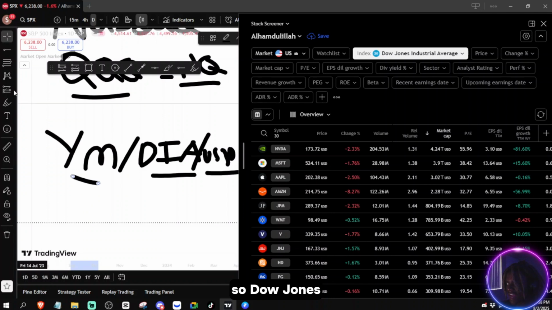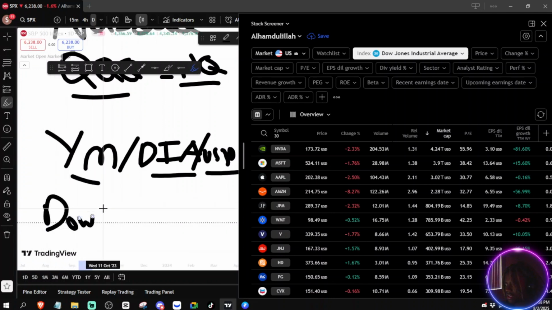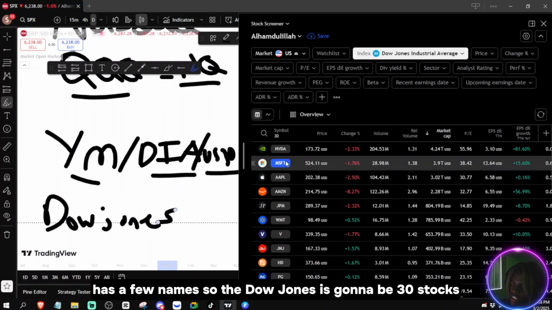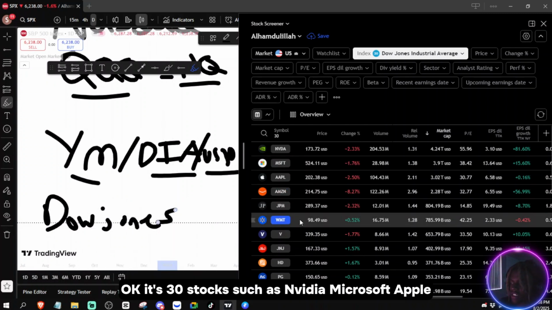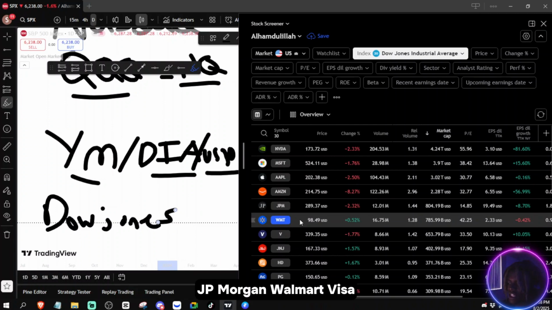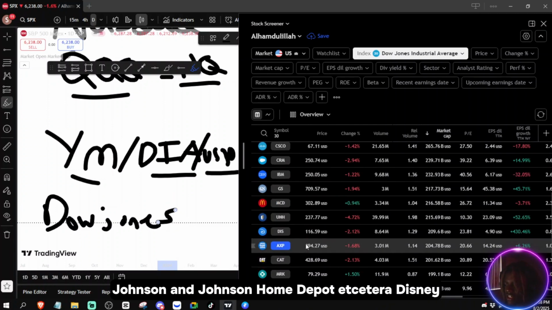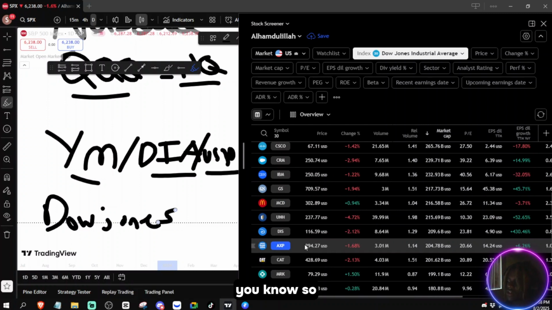The Dow Jones has a few names. The Dow Jones is going to be 30 stocks, such as Nvidia, Microsoft, Apple, JP Morgan, Walmart, Visa, Johnson & Johnson, Home Depot, Disney, etc.